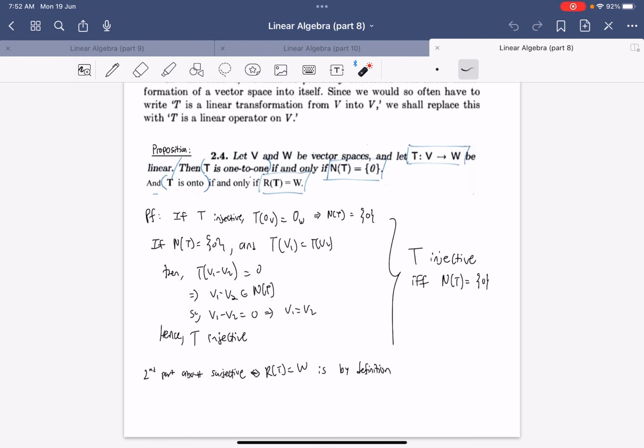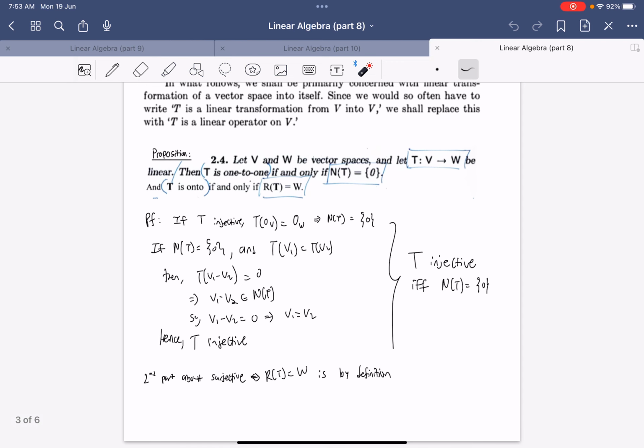Next, we already know what injective and surjective functions are, and what we now want to propose is that T is injective if and only if the null space is the zero space, and it is surjective if and only if the range is W. The surjective part is very clear because it's by definition.